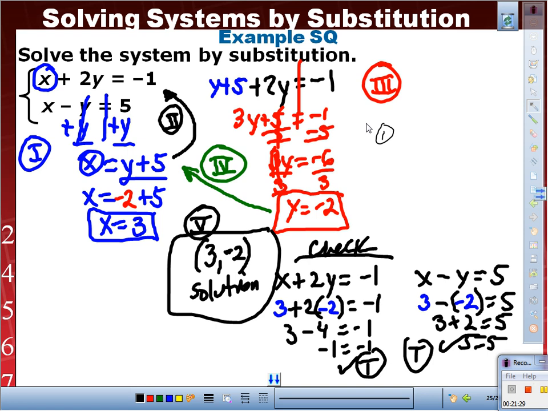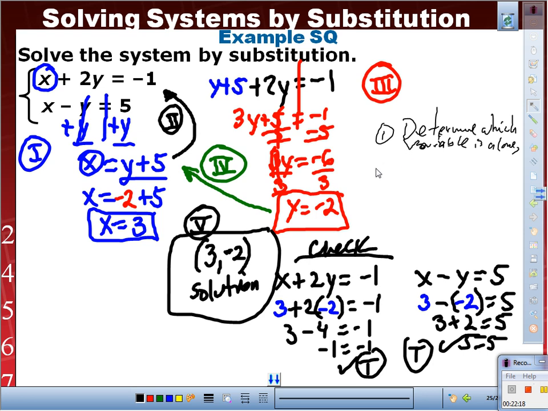Okay, you're close. Determine which variable is by itself. Okay, let's write that. Determine which variable is, let's use the word from Maya, alone.